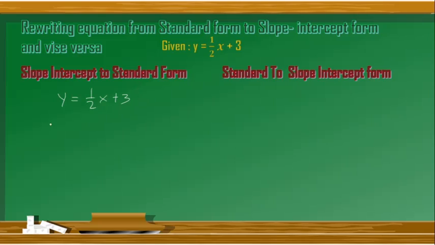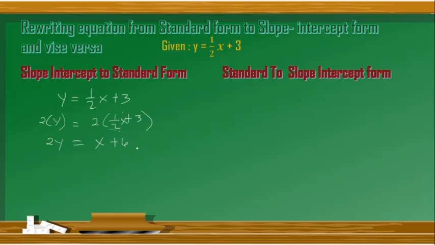Okay, we multiply both sides by 2. So this will become 2y, and this one is cancelled out, so what's left is x, and 2 times 3, that is positive 6.